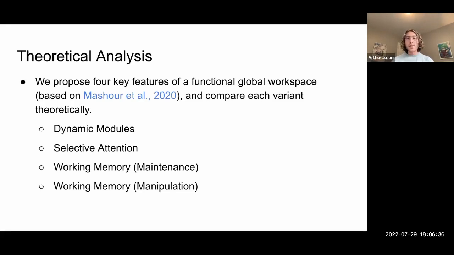And then lastly, the content of the global workspace can be thought of as being similar or identical in some instances to the content of working memory. Therefore, this component of working memory is important, and we can break it up into 2 separate criteria, one being the ability to maintain information within the workspace over time, and the other being the ability to actively manipulate the content of the workspace in service of some task-oriented goal.